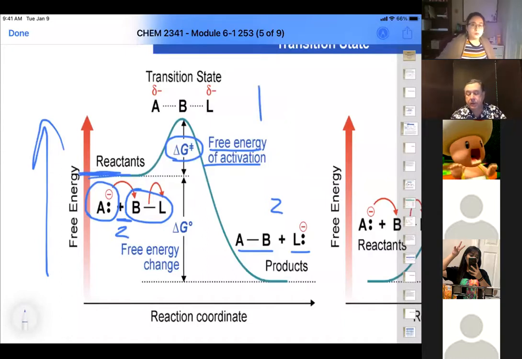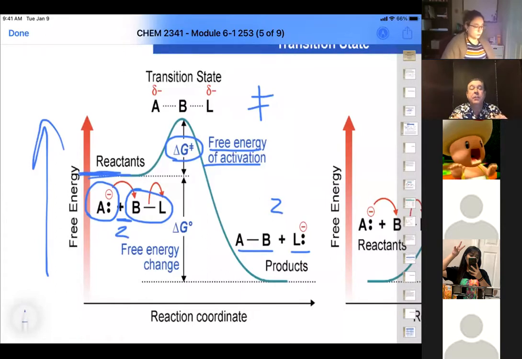This is a double dagger right here. That means it's the activation energy required to get to our transition state. A transition state is when your reactant is close enough to your substrate to start forming a new bond. And when it's starting to form this new bond, it's starting to break the old bond.